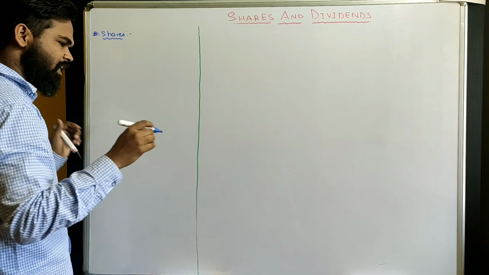There are a few more things we need to discuss. Now look at this statement. If I write something like 9% of rupees 100 share at rupees 120, what do you mean by this statement? Simple.